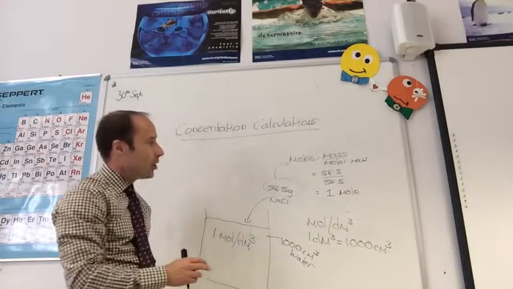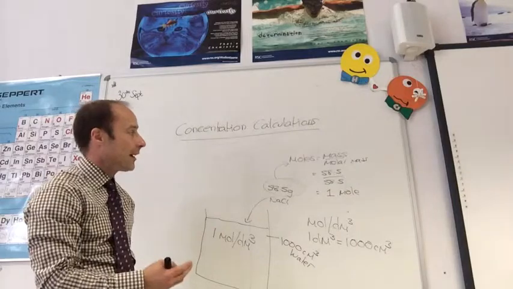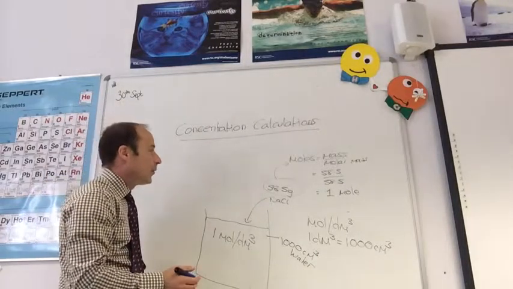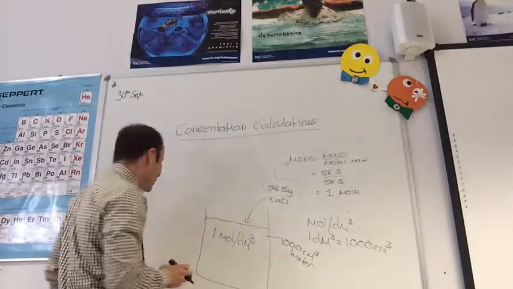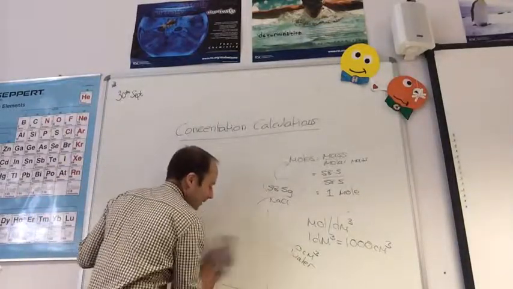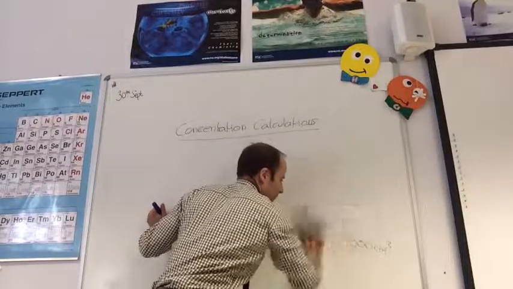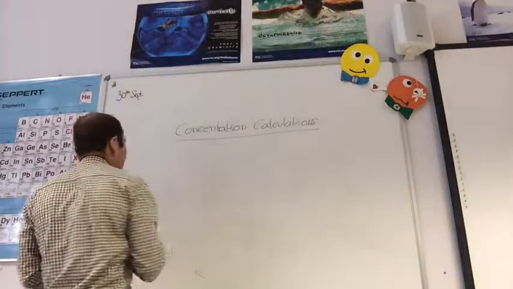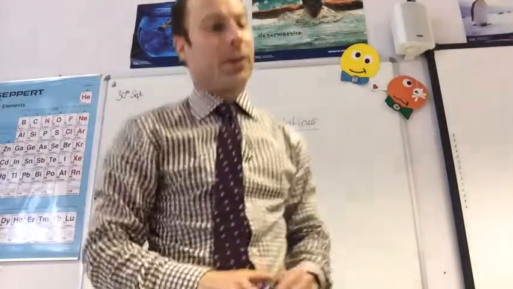So in terms of knowing how to work it out, in terms of putting it into a formula, we use this formula for concentrations. So let's get rid of that, and let's just write a few notes on that.